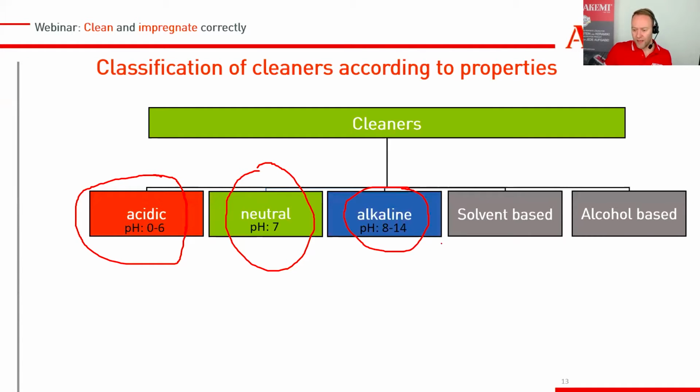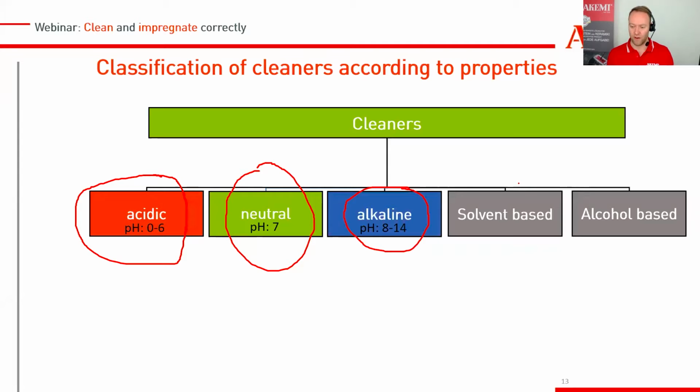Then we have solvent-based products. These are special cleaners, for example, for deep oil stainings, which are very deep in the stone, where the water-based alkaline product cannot penetrate and work. Then we have some solvent-based products for when you have to remove certain adhesives, like epoxy adhesives, for example.